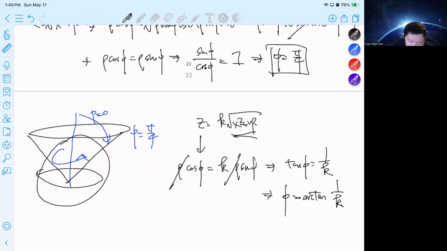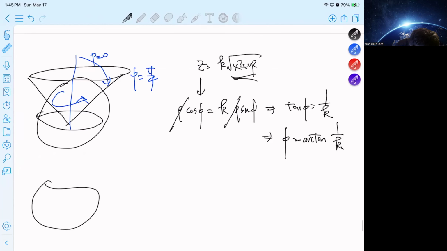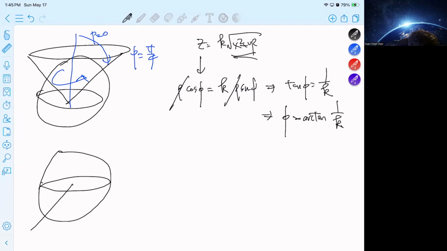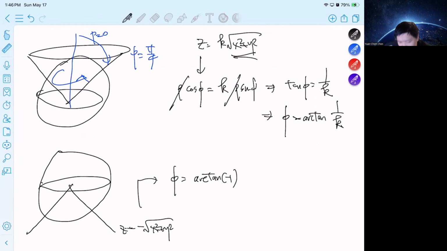But what about if we do the reverse? For example, like this. Ooh, this is not circular at all. What about like this? This is z equals negative x squared plus y squared. So we do the exact same thing. This will be phi equals arctangent negative 1. So what makes arctangent equal negative 1? It'll be negative pi over 4. Sorry, it'll just be 3 pi over 4. Something like this.